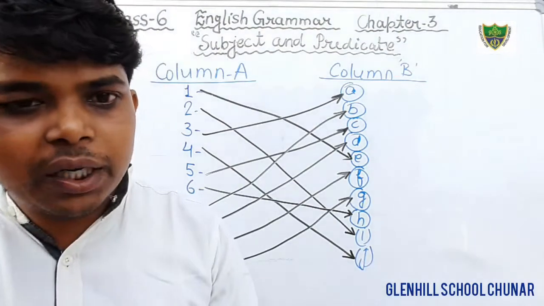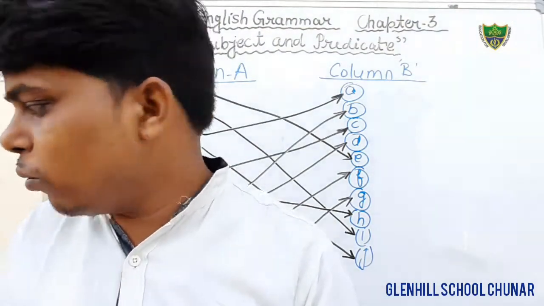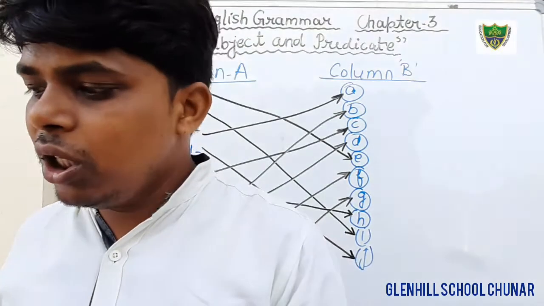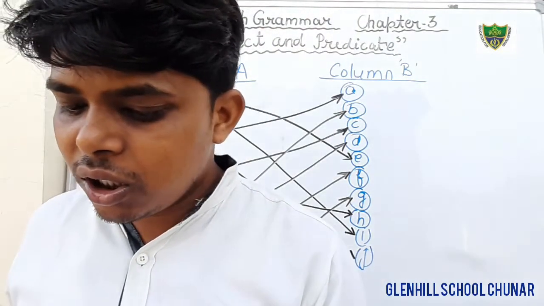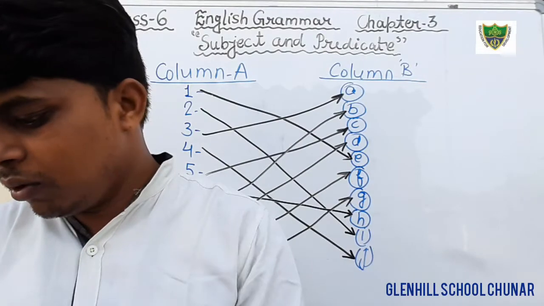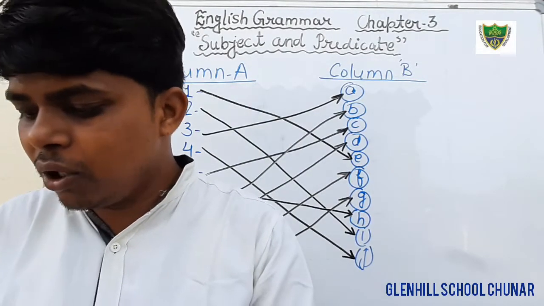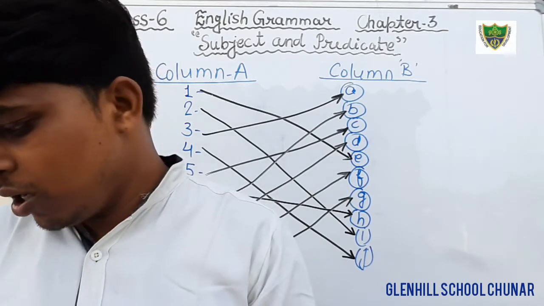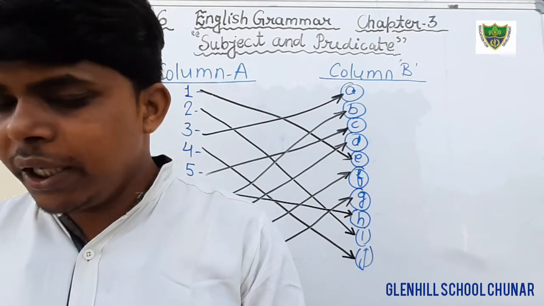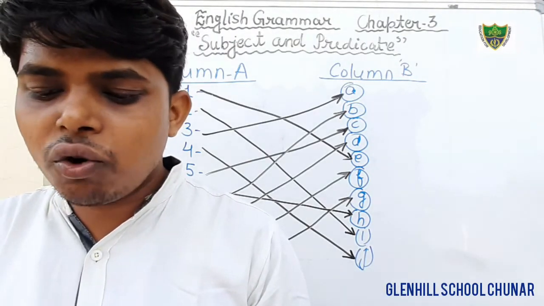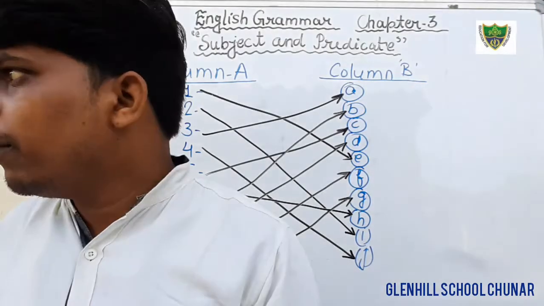Now we will discuss the other exercises given in your book. That is the optional question. Now just see the optional question. There are two optional questions, first and second. In the first question you have to choose the subject, and in the other question you have to choose the predicate.